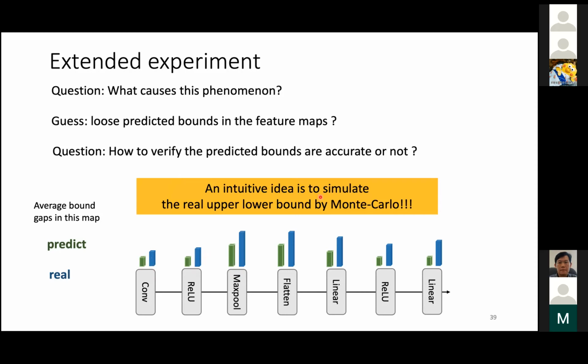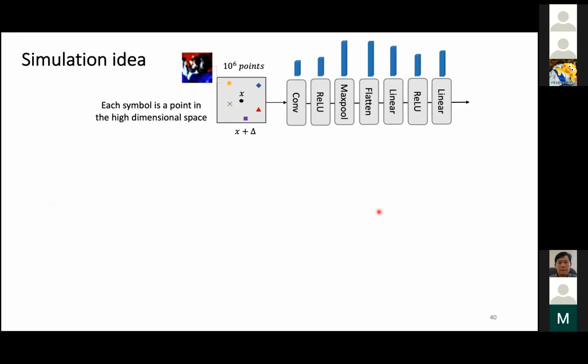So here we propose an intuitive idea to simulate the real upper and lower bounds by Monte Carlo simulation. On this page, I will introduce how to get these blue bars by Monte Carlo simulation.